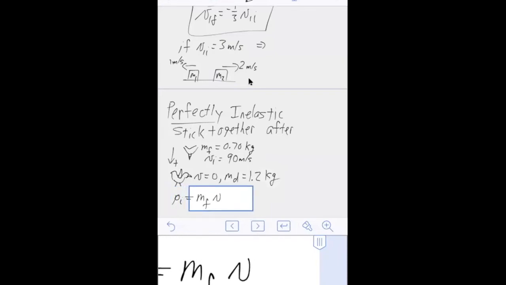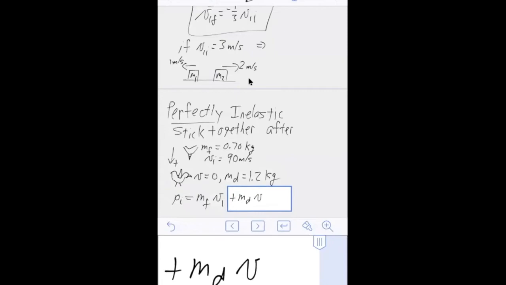Our initial momentum is going to be the mass of the falcon times its velocity, which I labeled as V initial, plus the mass of the duck times its initial velocity, but that was just 0, so that term goes away.